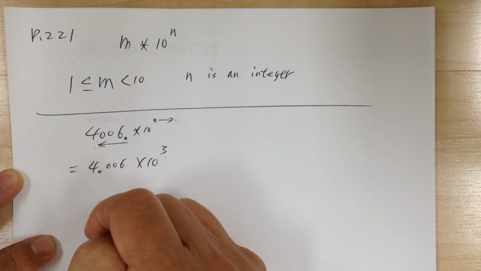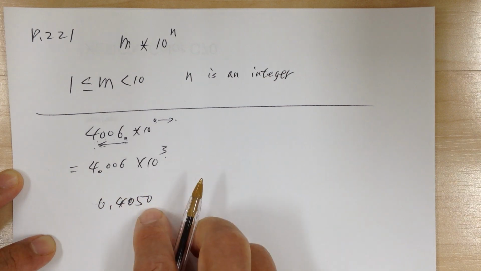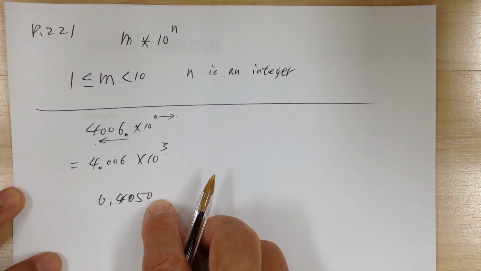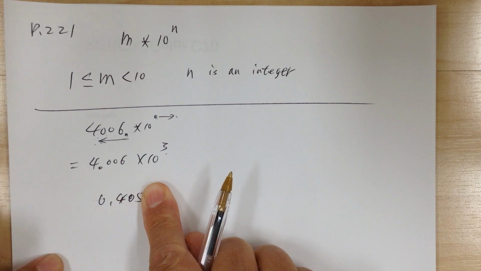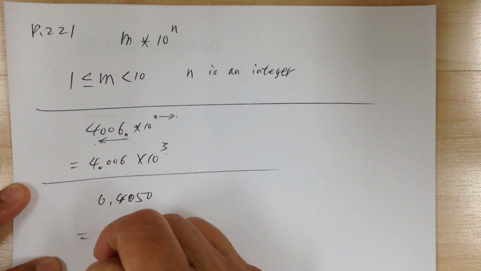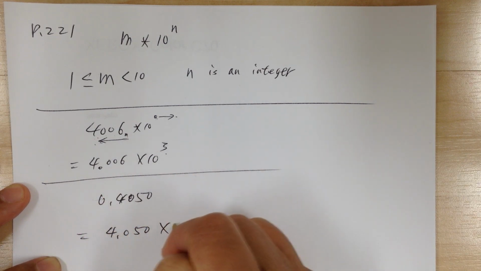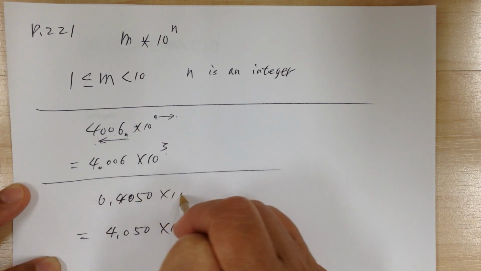Okay. So now if you got 0.4050, notice there's a 0 on the end. That means this digit is important, meaning it's significant. So this is 4 digits. When you're making the scientific notation, you're going to go 4.050 times 10 to the... Now notice this is times 10 to the 0, right?